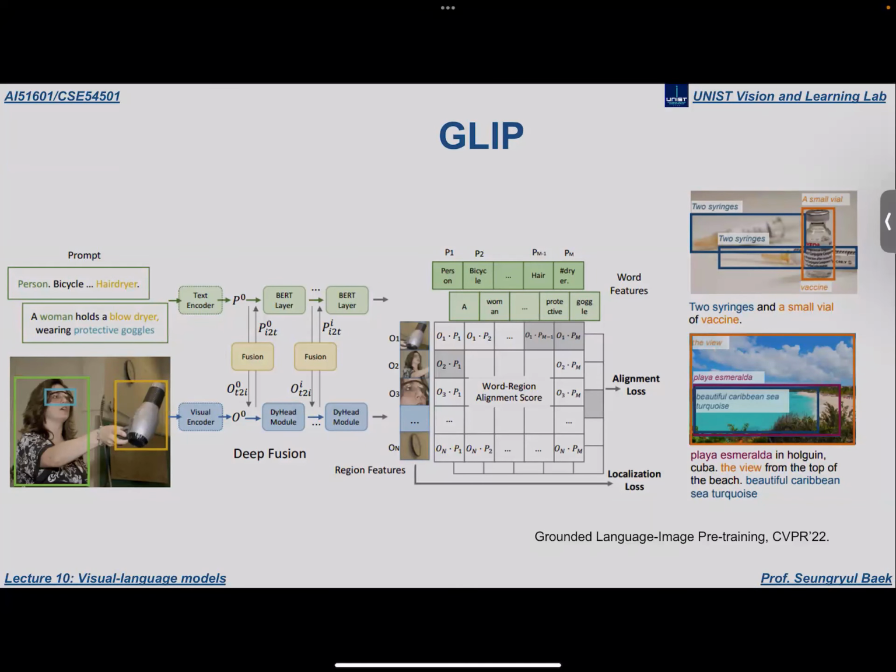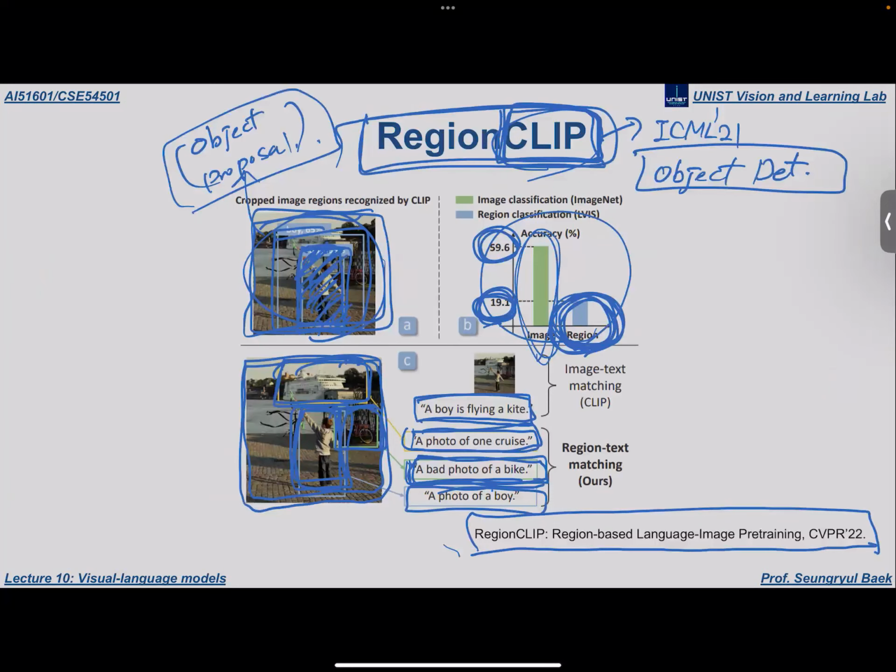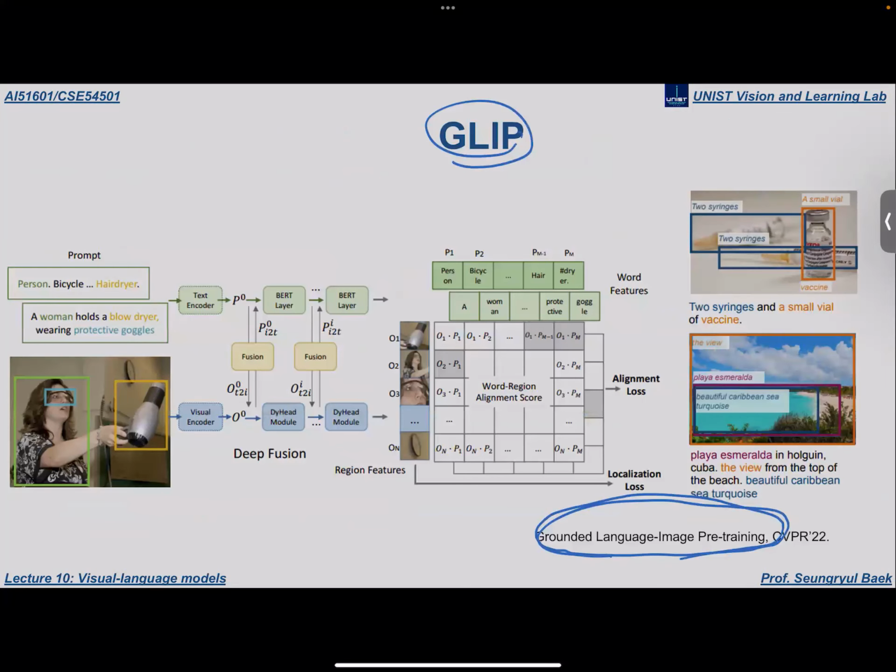Another similar work is GLIP, grounded language pre-training. This is also a similar approach to RegionCLIP. The motivation of RegionCLIP and GLIP both is extending CLIP towards the object detection task. They are doing a similar thing, but their approach is slightly different.